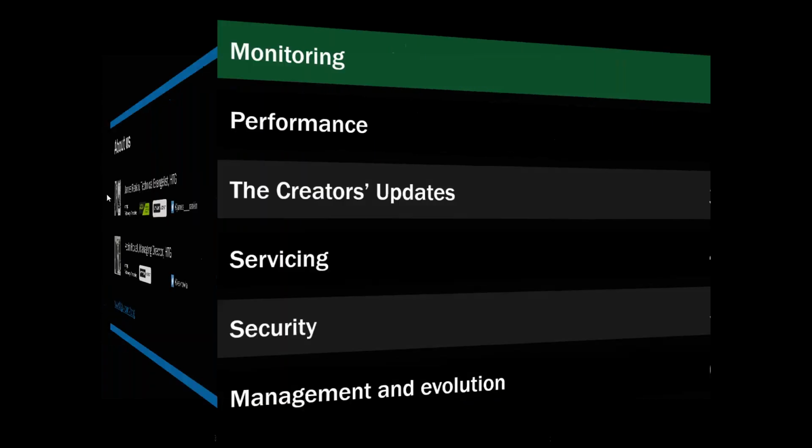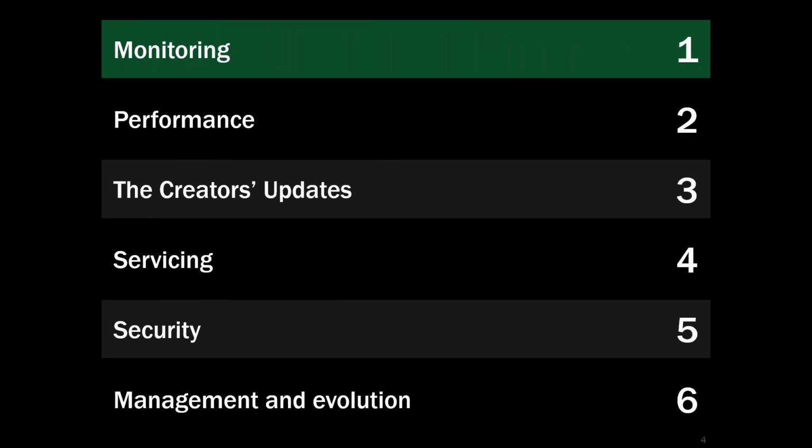Let's get down to a quick bit of a loose agenda, really. I think I say that every time I do a presentation. As I say, we'll talk about the monitoring and the importance of monitoring in Windows 10, how we've seen it perform, but then the other bits that we probably need to have a look at: the 2 Creators Updates that we've had recently, the 2 new versions of Windows 10.